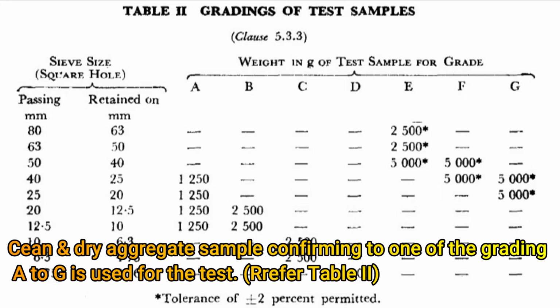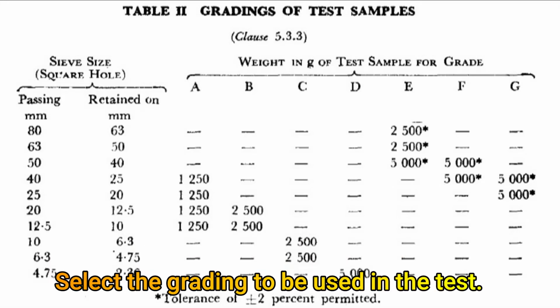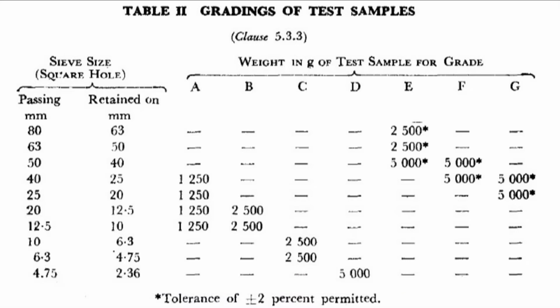Clean and dry aggregate sample conforming to one of the gradings A to G is used for the test. Refer to Table 2 in IS 2386 Part 4. Select the grading to be used in the test.